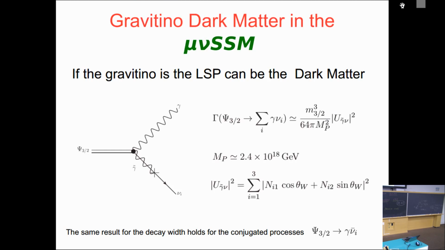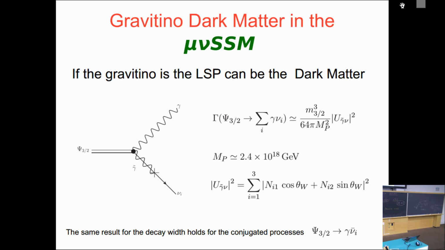Okay, what I want to talk about is, well, we lost the neutralino, the LSP, as the dark matter. We want to have a dark matter candidate, and the first possibility is to take the one that is there, because inevitably there is the gravitino. Then if you take the gravitino as your dark matter candidate, we did the analysis a long time ago, and this is giving a signal.